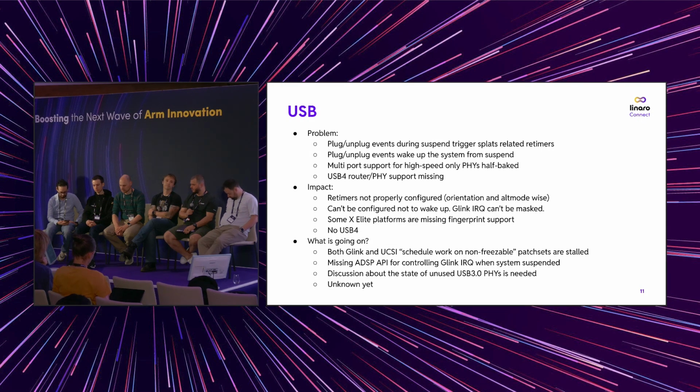There are two issues. One is the GLink code that schedules work on a non-freezable work queue, which tries to send something over I2C to the Parade retimer, and since the I2C controller is down, that triggers an I2C transaction failure.